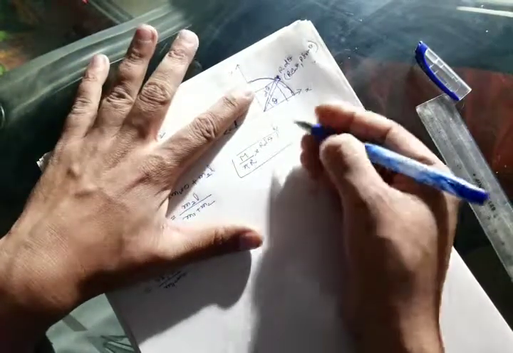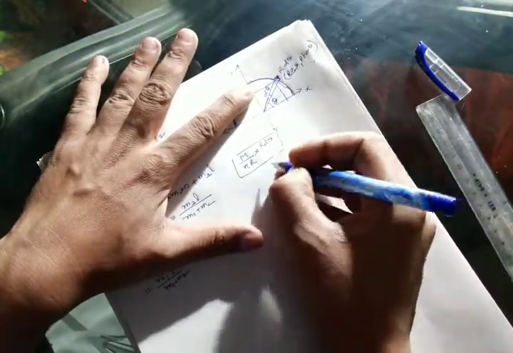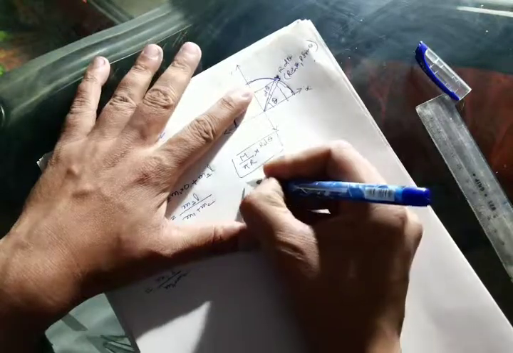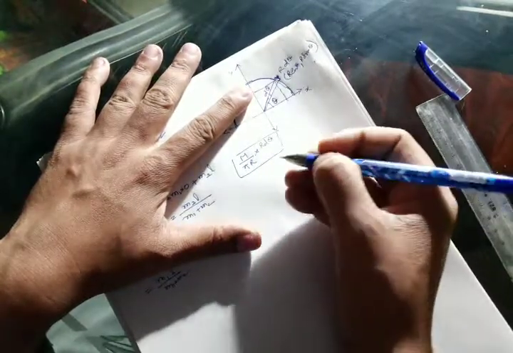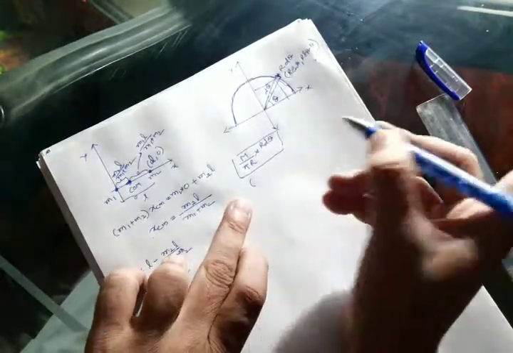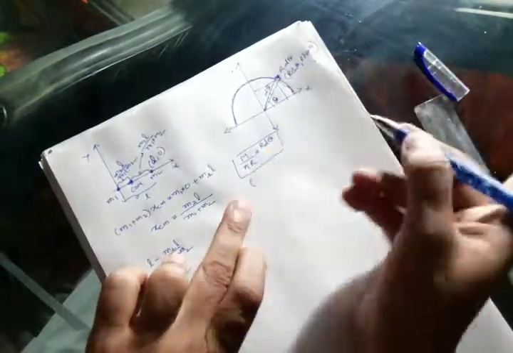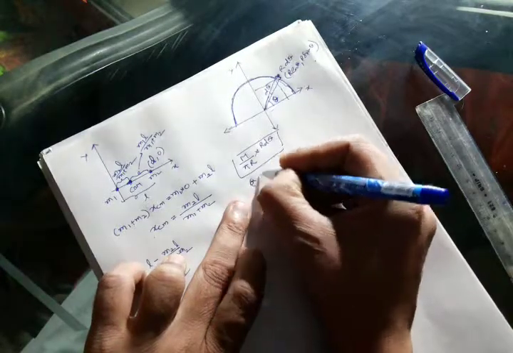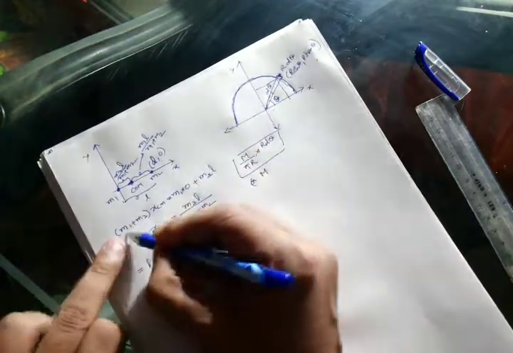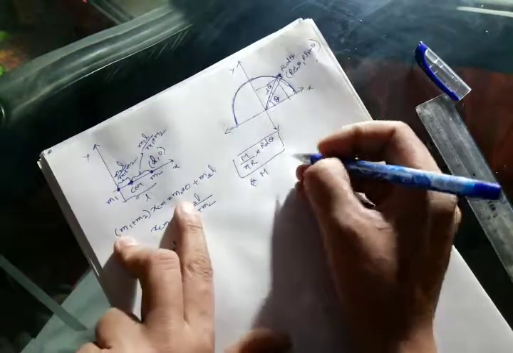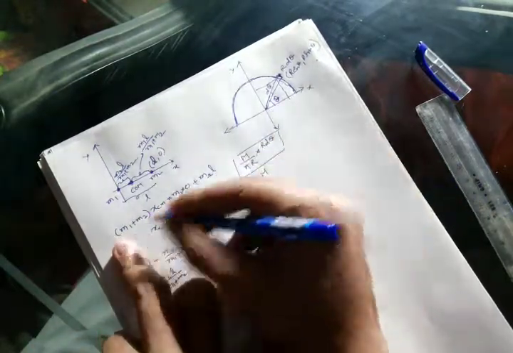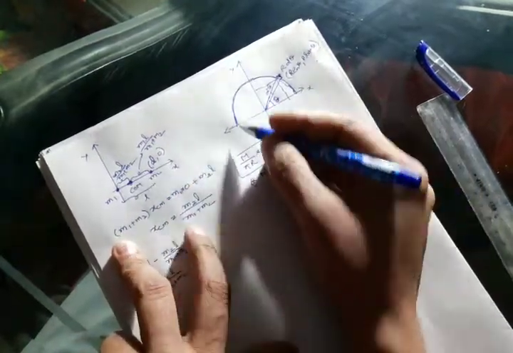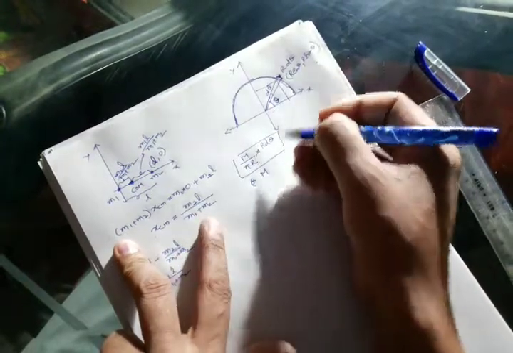I'll be checking both xcm and ycm. Total mass, like m1 plus m2, means that for the whole of this ring the mass is m.